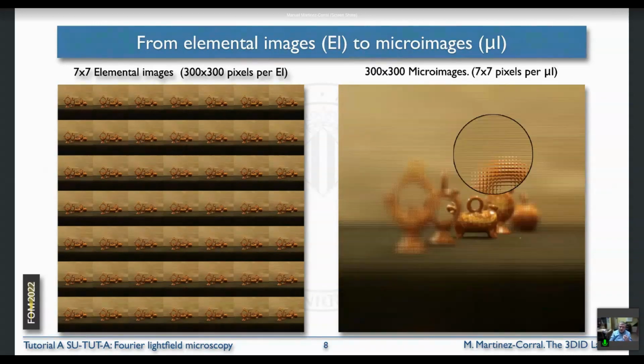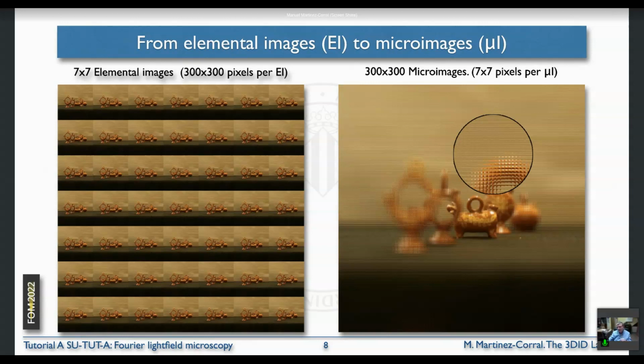And now we can apply this algorithm. From these 7 by 7 elemental images with 300 pixels each, we can obtain 300 x 300 micro images with 7 pixels each. So here we have few images with a lot of pixels and conical perspective.